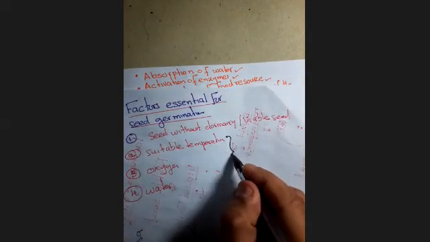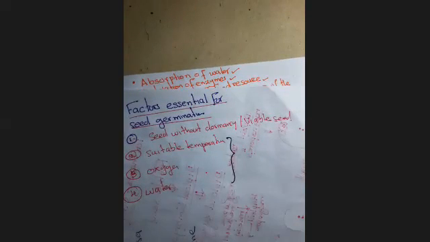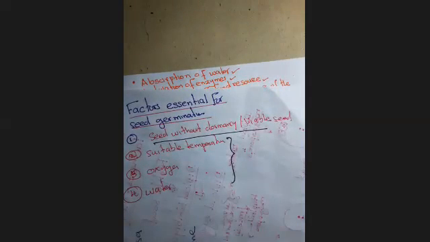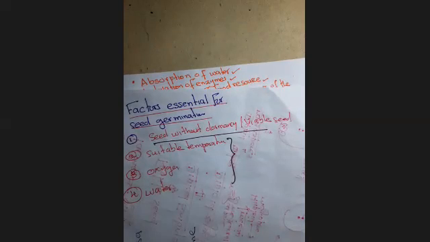These are external factors. This is an internal factor. In the exam paper, they might ask you what are the external factors needed or what is the internal factor needed. Clear? So you can mark it down.